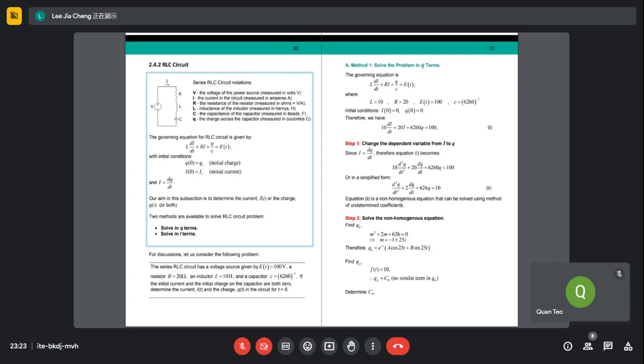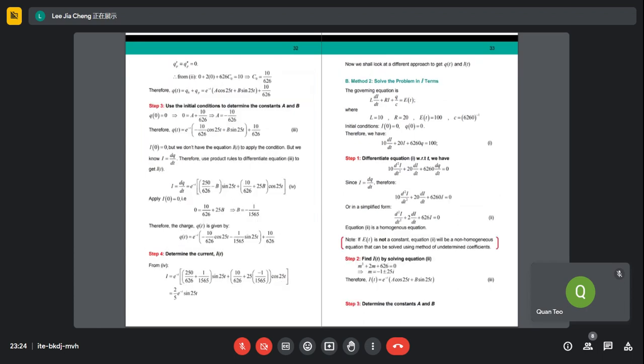Therefore, our QH is e to the negative t times (a cos 25t plus b sin 25t). Then for QP, we get f(t) equal to 10 from the equation, and we take QP equal to C naught, since there are no similar terms in QH.